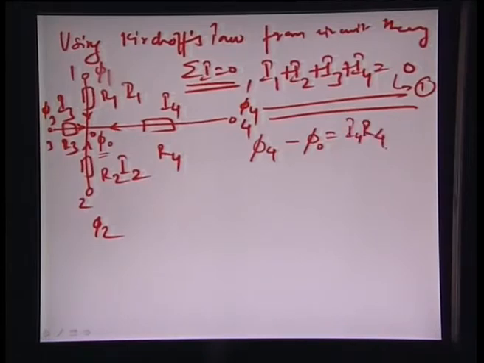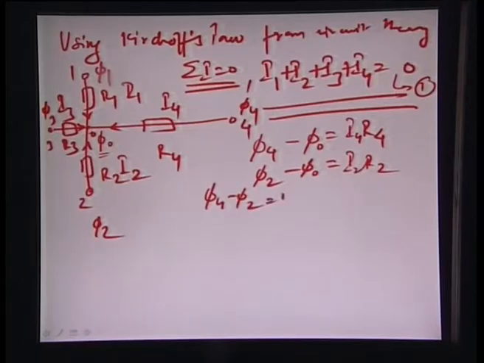It is essentially I4 R4. Similarly, phi 2 minus phi 0, the potential across these 2 points here, 2 and 0, is also equal to I2 R2. Okay, and therefore phi 4 minus phi 2 is nothing but I4 R4 minus I2 R2.